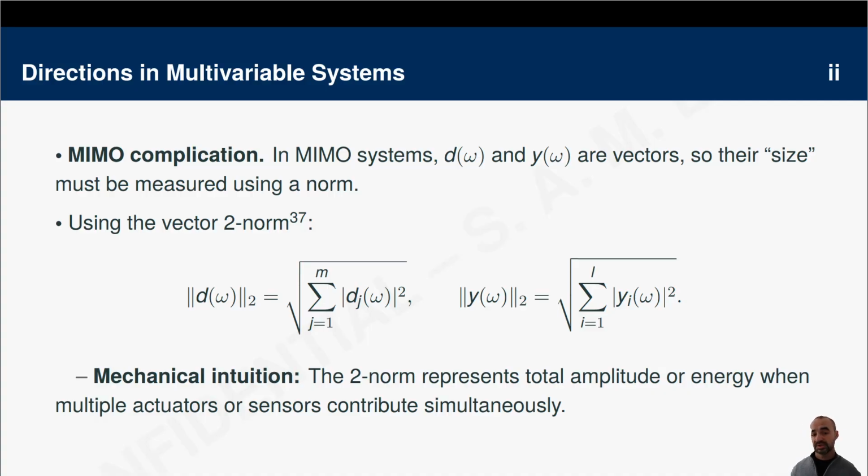The two norm is like root mean square: the root mean square magnitude across channels. Look at the sum under the root: we take the absolute values of each d_j(ω), square them, sum them, and then take the square root of that summation. The squared sum resembles energy-like quantities.